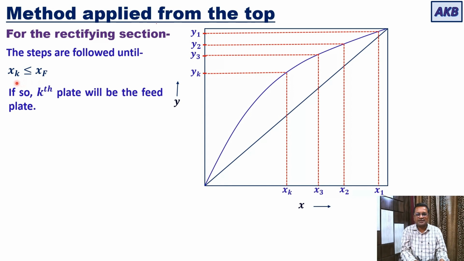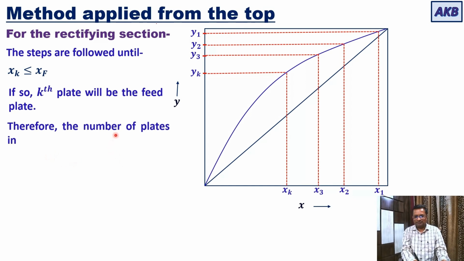So if xk becomes less than xf, you are going to declare that the kth plate is the feed plate. That means you are going to use the equation for the rectifying section line till xk becomes less than xf. I hope this is clear to you. So if this is happening for the kth plate, then the kth plate will be declared as the feed plate.